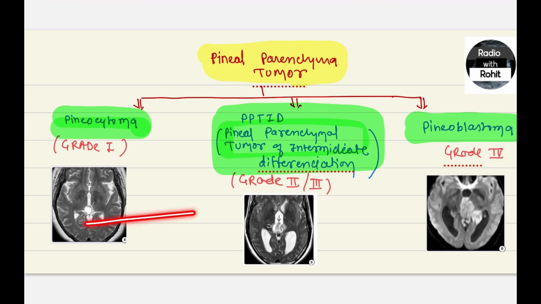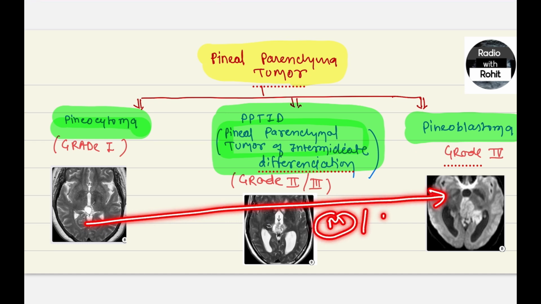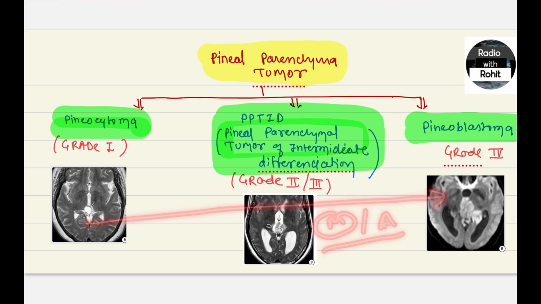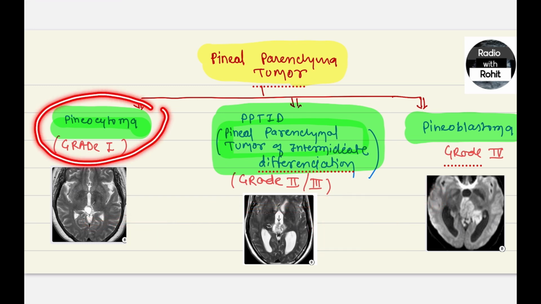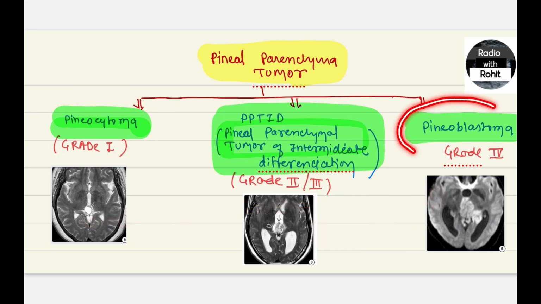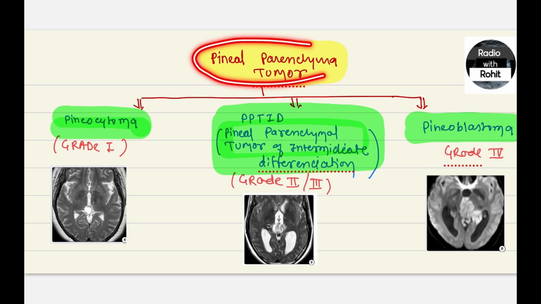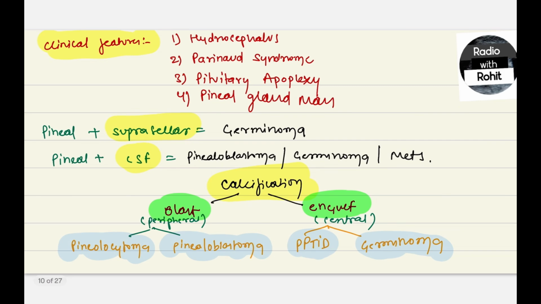This WHO grading is based on the mitosis or aggressiveness of the tumor. So pineocytoma is the least aggressive tumor, while pineoblastoma is the most aggressive tumor of the pineal parenchymal tumors.